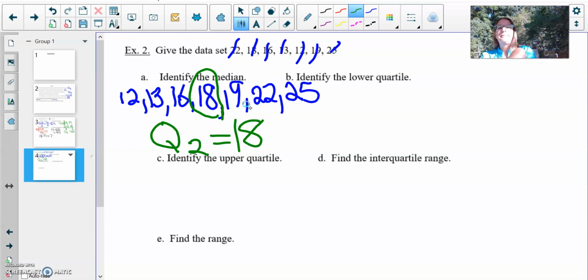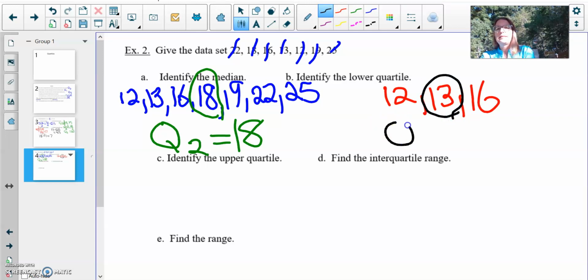Find the lower quartile. For the lower quartile, I look at the lower half of the data, so I'm going to rewrite it: 12, 13, and 16. The median of that lower half is 13. So my first quartile, or lower quartile, is 13.